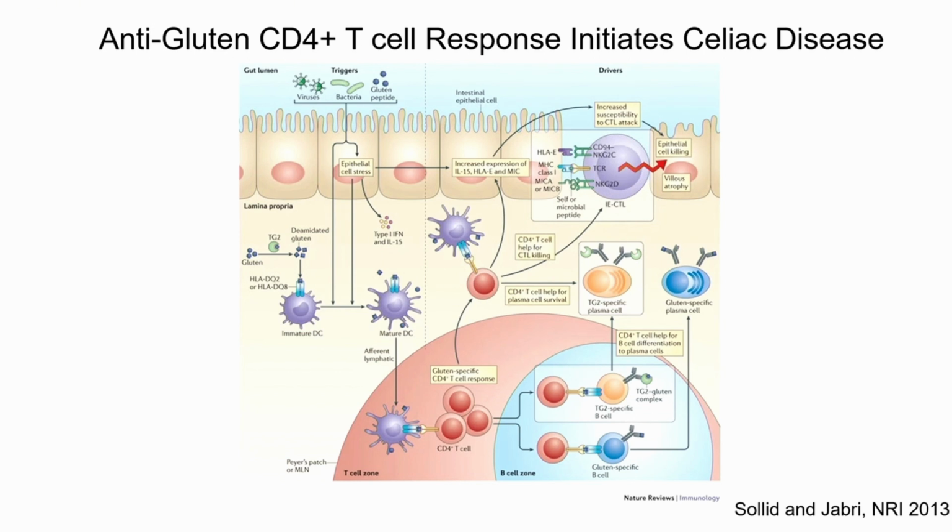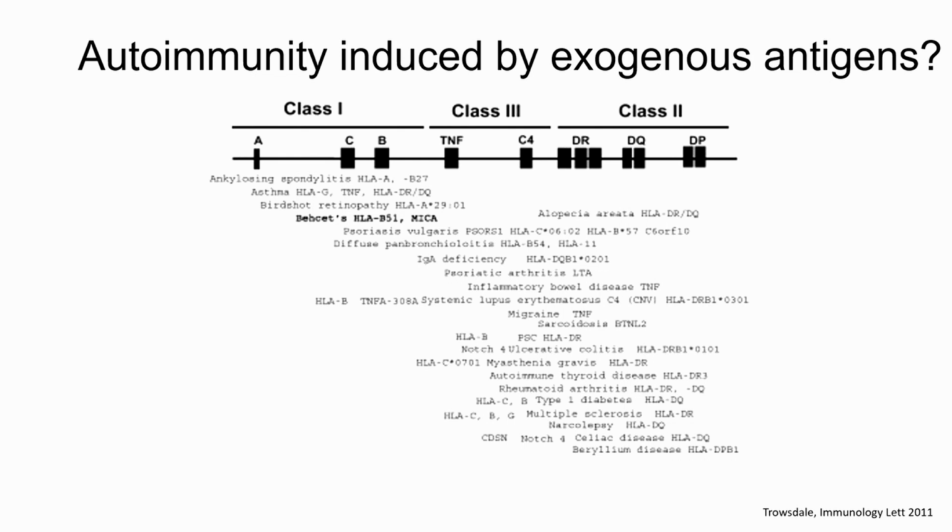So why is this such an important question? Well, like celiac disease, I think most autoimmune diseases, if you look at this chart, are associated with class 2 alleles. So celiac disease is associated with DQ2 or DQ8, but these autoimmune diseases tend to be associated with class 2 alleles. Now, class 2 MHC is responsible for activating CD4 T-cells, right?